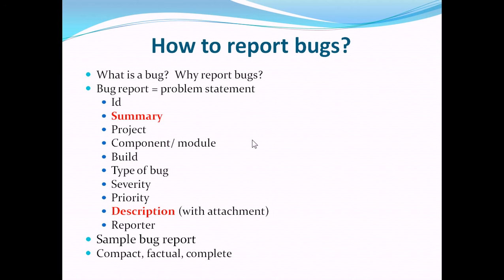Make sure it is as compact as possible, and also factual in the sense that it should just state the facts: what you did, what data you used, what the problem was, what you were expecting. You should not give your feelings, like saying this is not at all what I was expecting. Just state the facts in a very clear, objective manner.